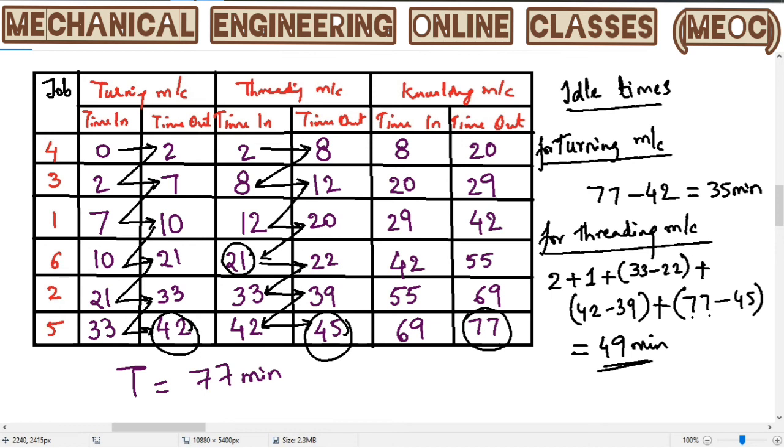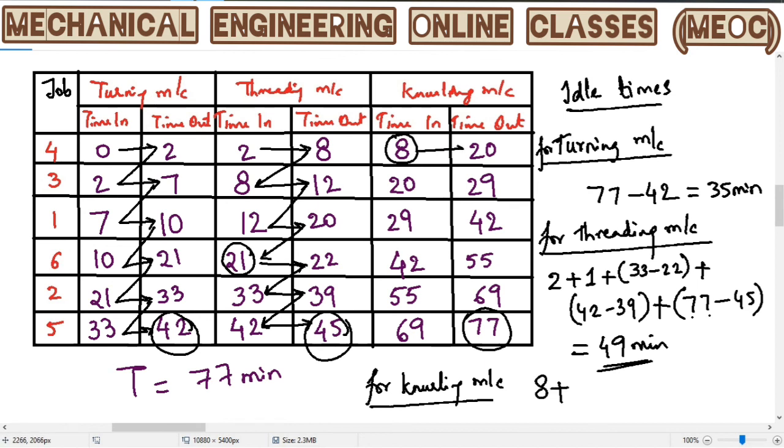Now let us see with the knurling machine. For the first job, which is job number 4, it had to wait for up to 8 minutes. Only from the 8th minute that job 4 came onto knurling machine. So it waited for that 8 minutes. Plus, let us see.